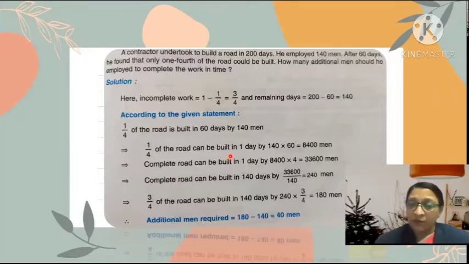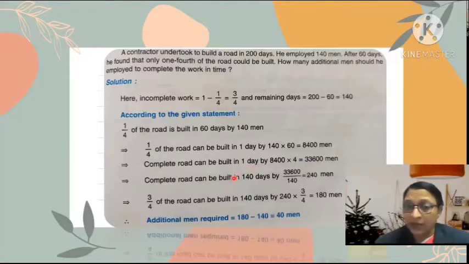Dear students, from this we can find the number of men required to build the complete road. So the complete road can be built in one day by 8,400 multiplied by 4 men. On multiplying these numbers, we get 33,600 men. Now, this is for one day's work.